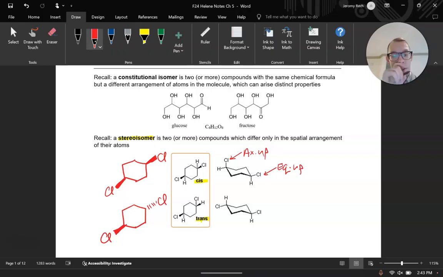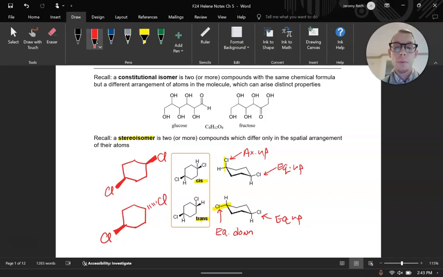If we then look at, for example, one where we move just one of ours to a down position rather than up, here we'll see that we have an equatorial down and our original equatorial up. And we'll remember that the difference between the stability of these is going to be drastic.